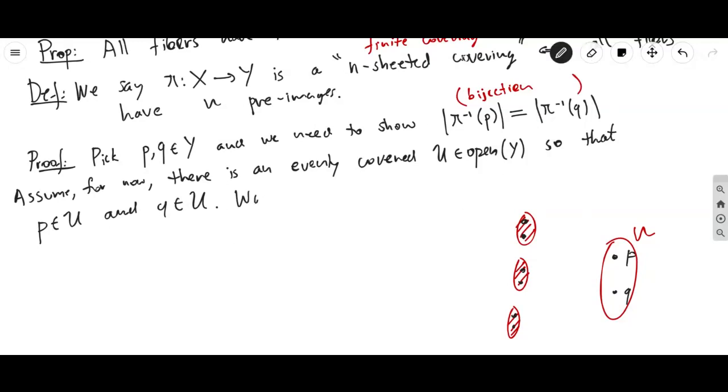So you would say you're going to write pi inverse of U as a union of V_i. The indexing set could be infinite, that's okay, as path components.